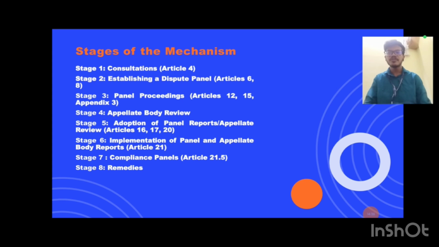If the member fails to do so within the determined reasonable period of time, the complainant may request negotiations for compensation. Within 20 days after the expiration of the reasonable period of time, if satisfactory compensation is not agreed, the complaining party may request authorization from the DSB to suspend the application to the member concerned of concessions or other obligations under the covered agreements.